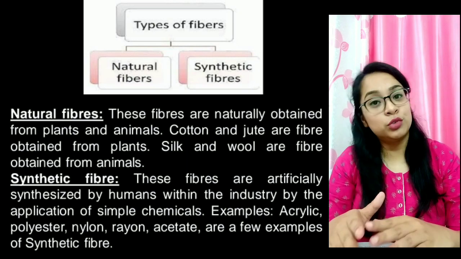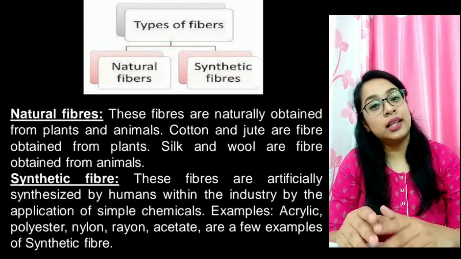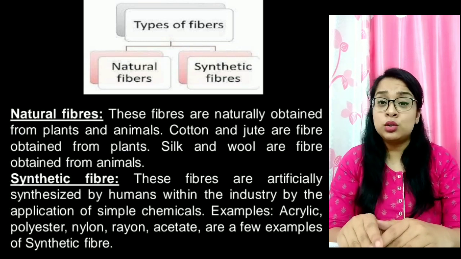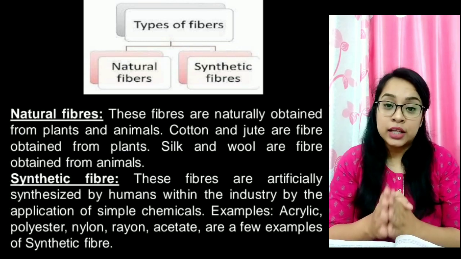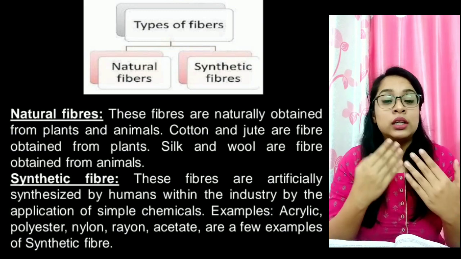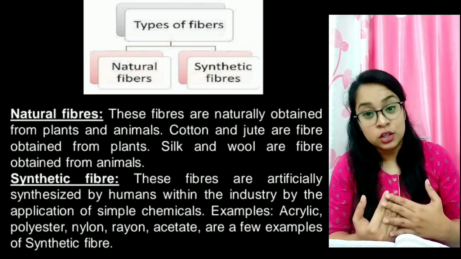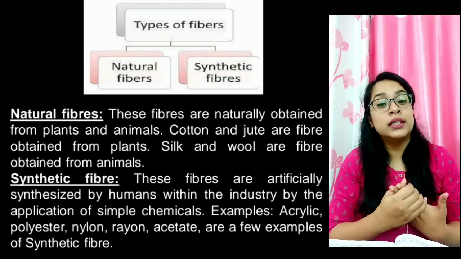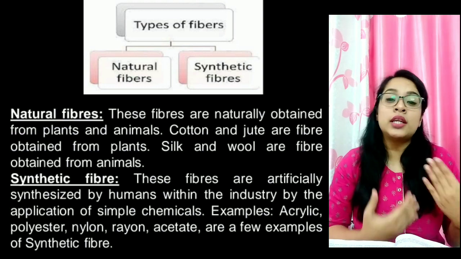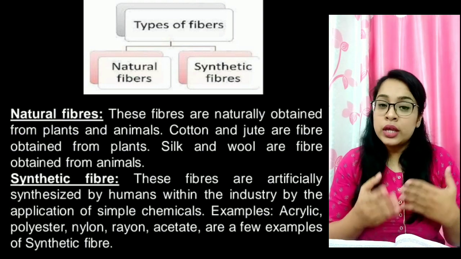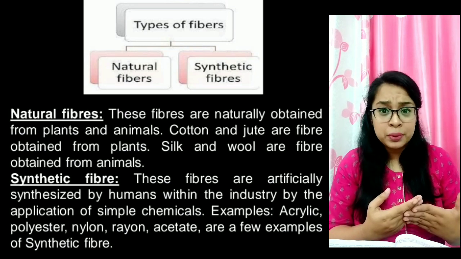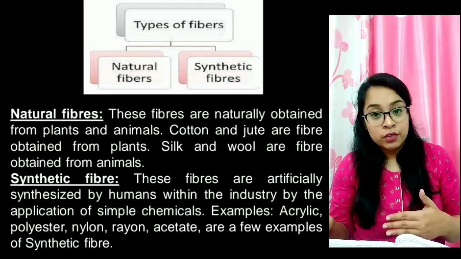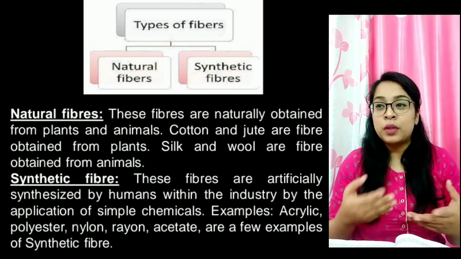Now, fibers can be of two types. One, the natural fiber, and the other, the artificial or synthetic fiber. Natural fibers are those we get from natural living sources such as plants and animals. Synthetic means you are making it artificially in industries. Examples of natural fibers are cotton, wool, jute, silk, and artificial ones are acrylic, nylon, polyester.